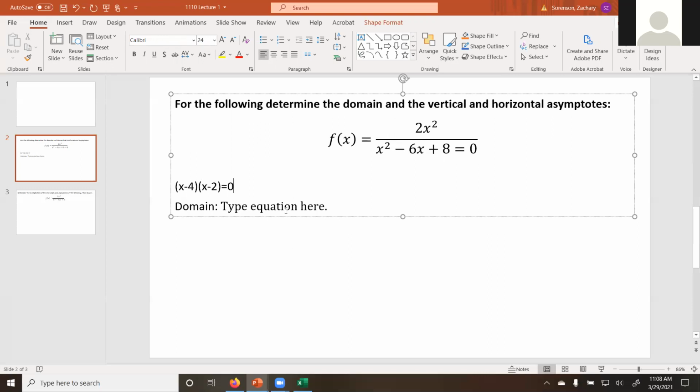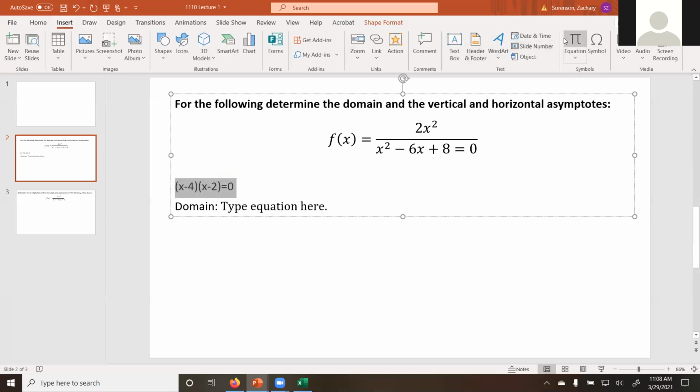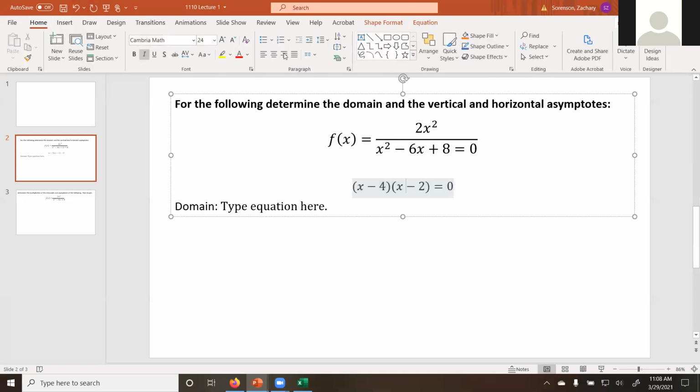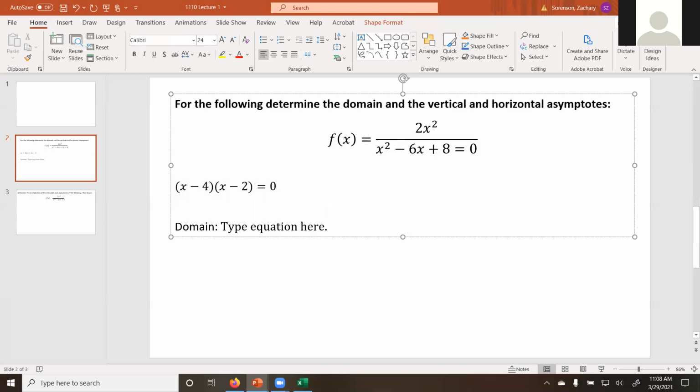Okay. Now what do I do? Quiet crowd today. Yep, so we set both of those equal to 0 and solve.